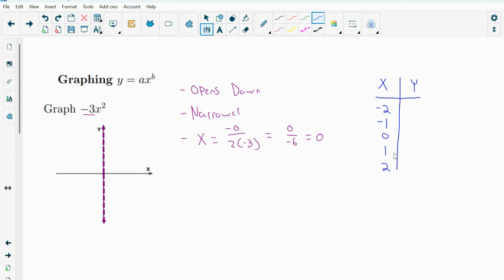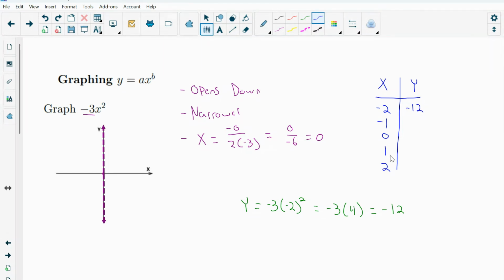For this process, you may want to use a calculator. When you substitute these in, I'll just do this first one: negative 3 times negative 2 squared equals y. Negative 2 squared is 4, so negative 3 times positive 4 gives me negative 12.